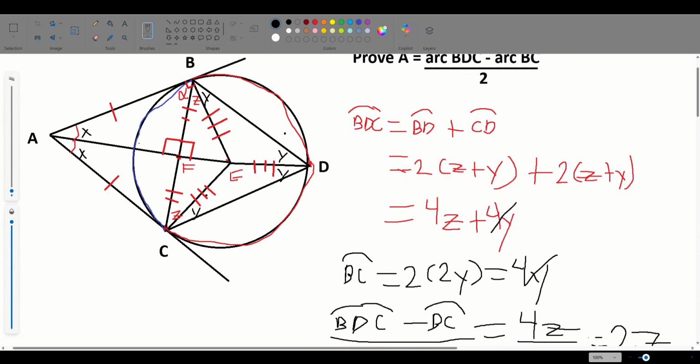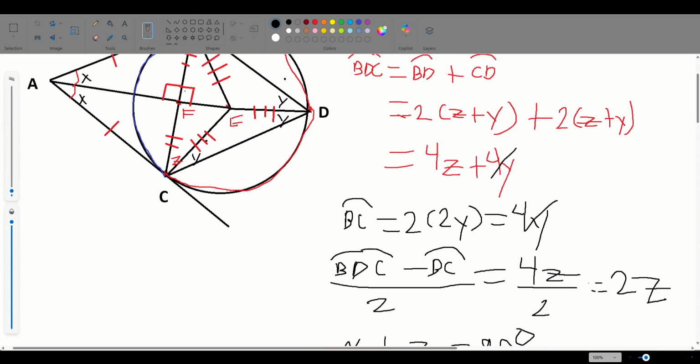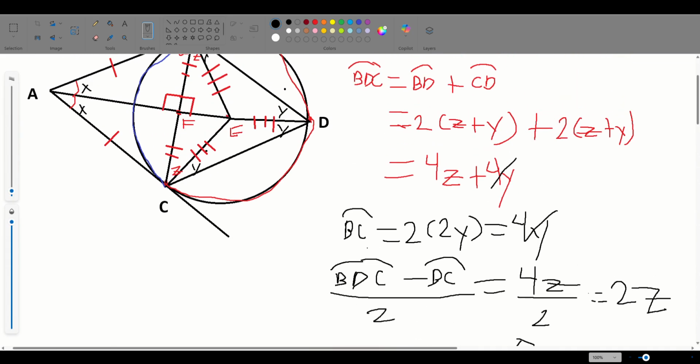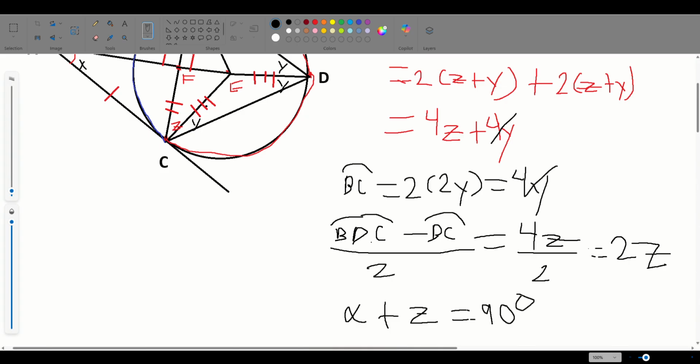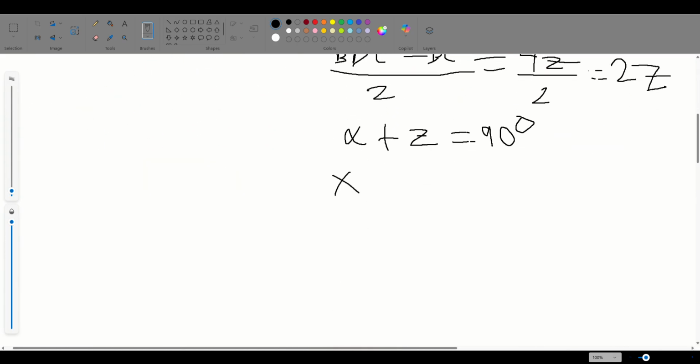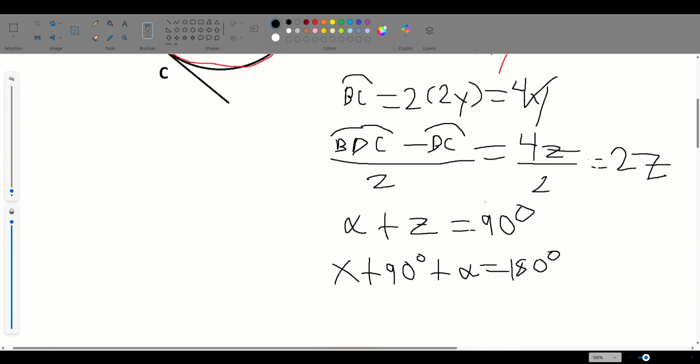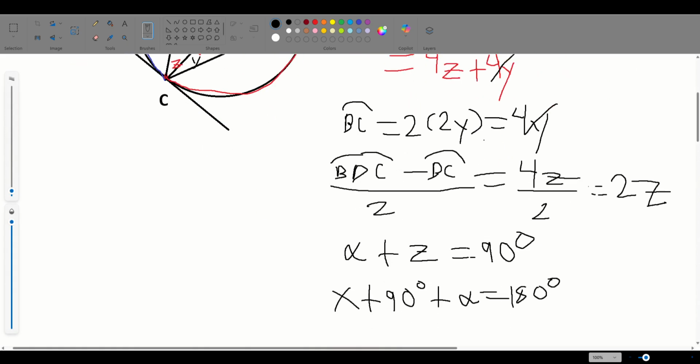Now, we can also write that X plus 90 degrees plus alpha, all the lowercase a here, sorry, I should have been referring to it as alpha so far, my mistake. X plus 90 degrees plus alpha is equal to 180 because the sum of all interior angles of a triangle is 180 degrees.